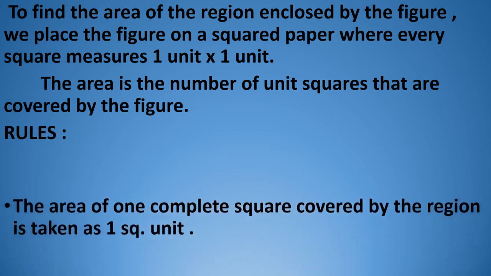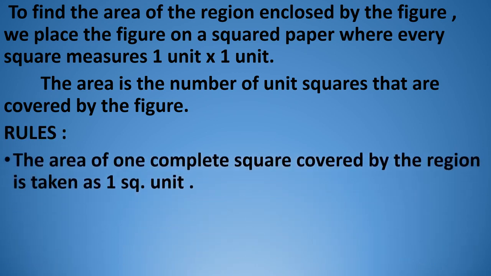First is, the area of one complete square covered by the region is taken as 1 square unit. If we have covered one complete square, then we will consider it as a 1 square unit.